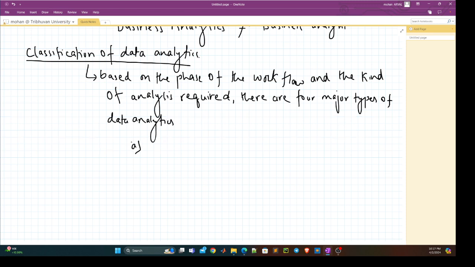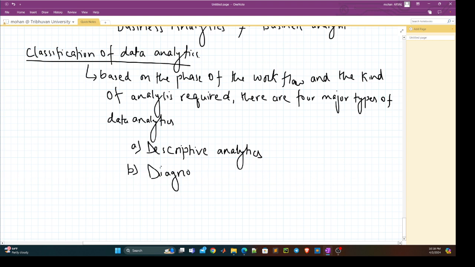First one is descriptive analytics, and the second one is diagnostic analysis.